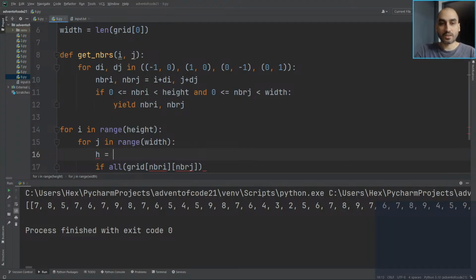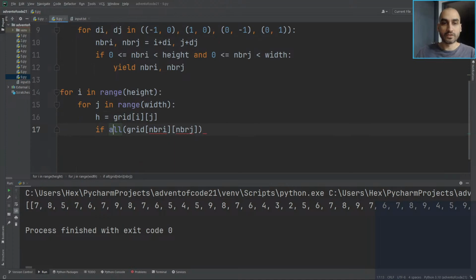Say h is the value that's at grid i j. So if all the neighbor values are strictly less than h for neighbor i, neighbor j in get neighbors of i and j.